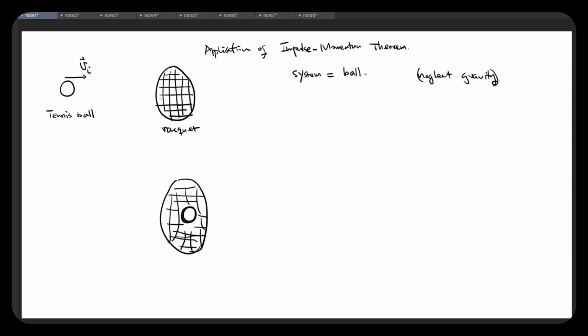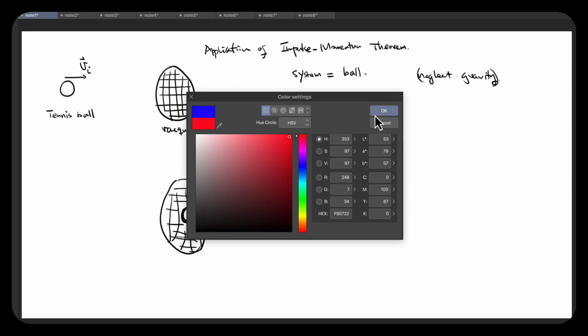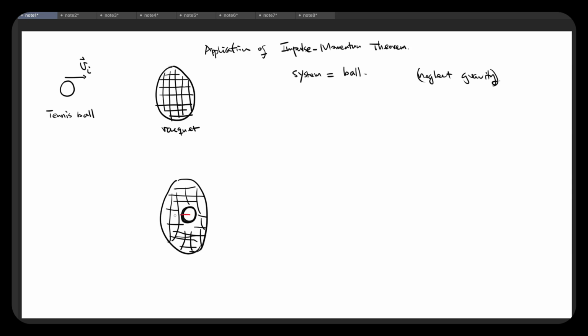Now we know that the strings of the racket are like springs, right? So when you stretch them, they can give a reaction, so that there's a reacting force on the tennis ball. So at this instant, let me draw the force, and that force is due to the string, kind of like a spring force. The more the deformation of the net of the racket, the larger the force.